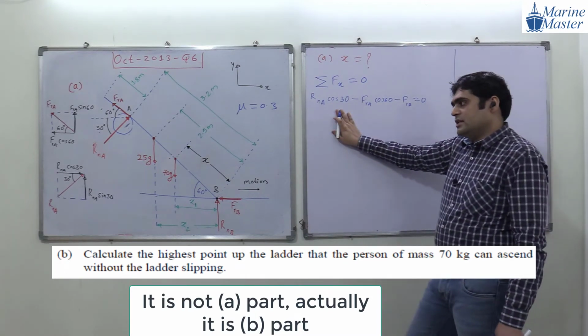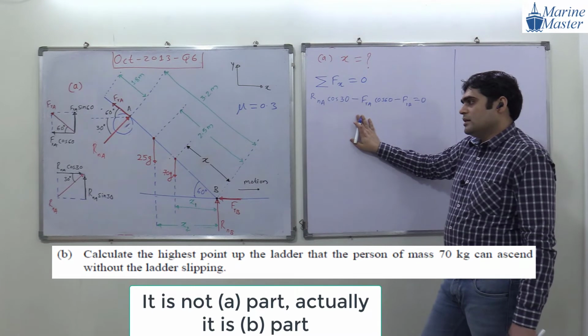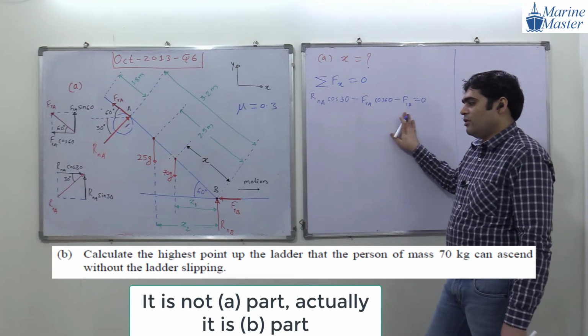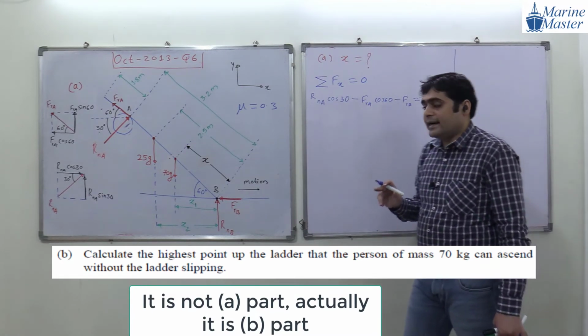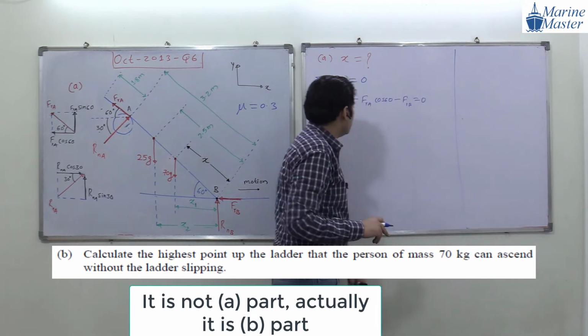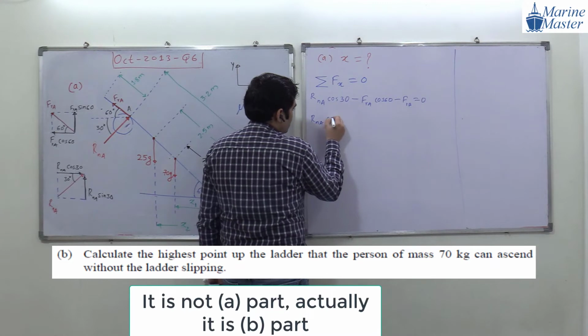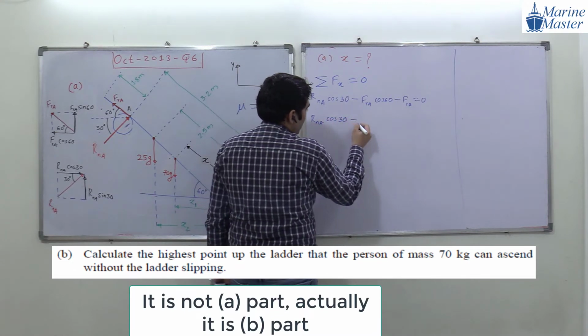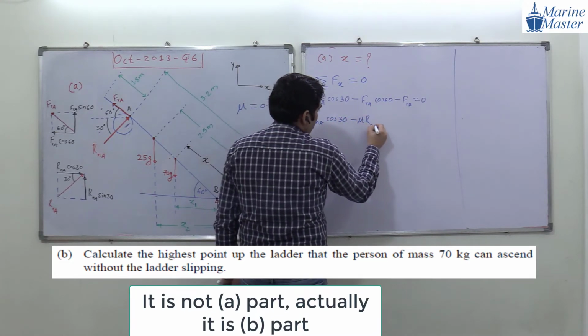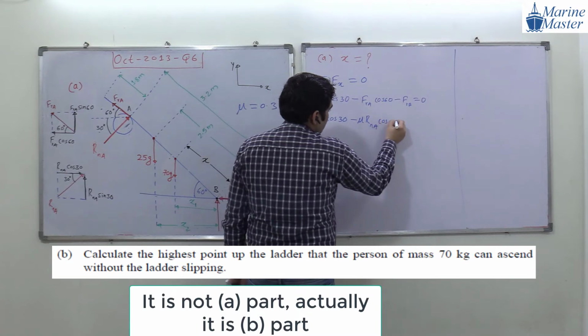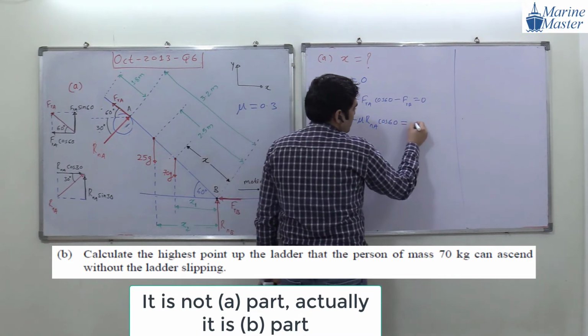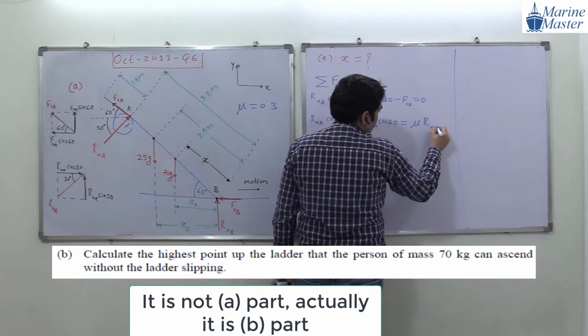So RNA cos 30 minus FRA cos 60, then minus FRB. Here FRA means mu RNA, so mu RNA cos 60. FRB I can shift to the other side, so this will become mu RNB.